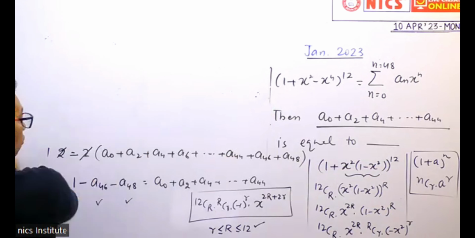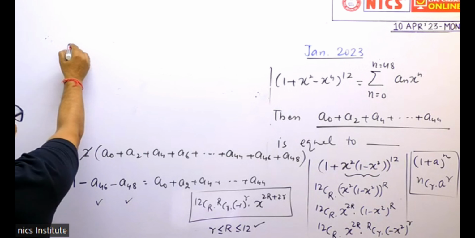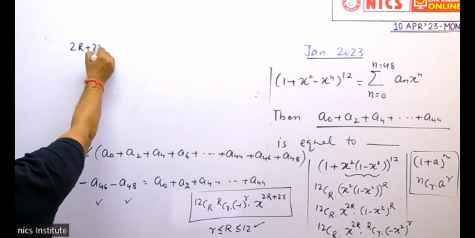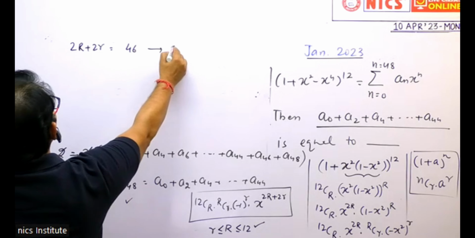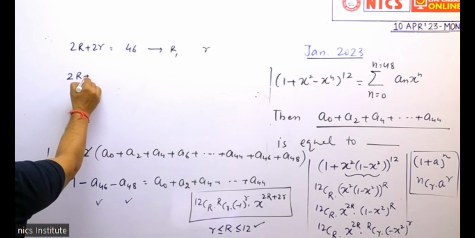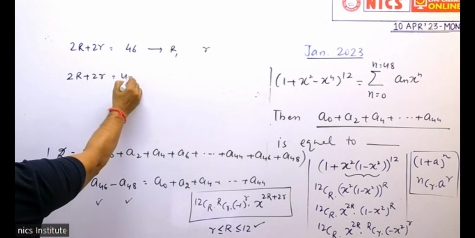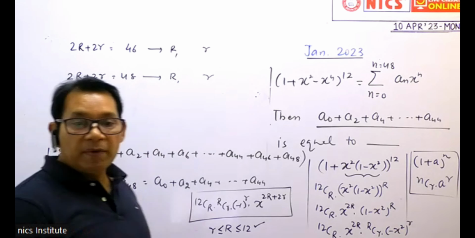So tell me what are the possible values. One is 2R + 2r has to be 46. For this tell me what is R and what is small r. Second is 2R + 2r should be 48. What should be R and what should be small r? Think over and tell me the values.